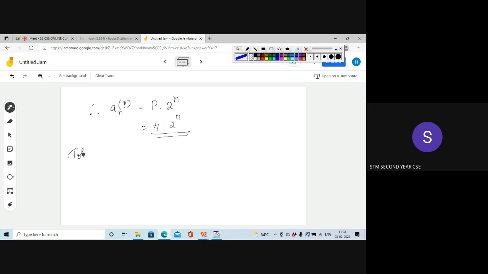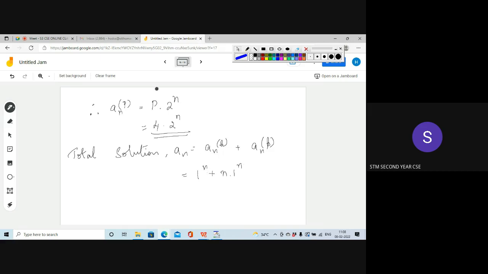So my total solution, what is total solution? Total solution An is equal to An of H plus An of P, isn't it? I have found out An of H. Earlier we have found out An of H, that is 1 raised to n plus n into 1 raised to n, which is my homogeneous part.